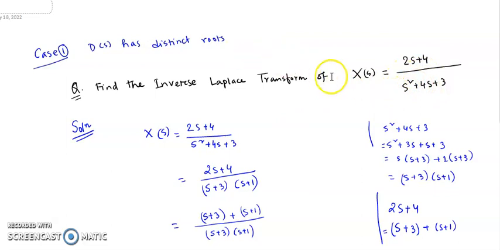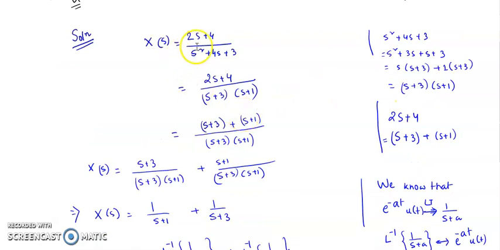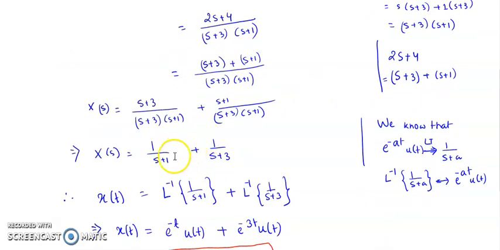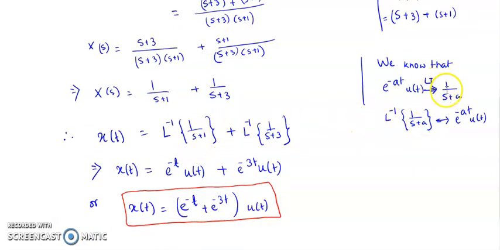Due to the presence of a denominator with distinct roots, we can convert this function into partial fractions of the two factors, and then using the property of the inverse Laplace transform of 1/(s + a), we can substitute the inverse Laplace transforms of 1/(s + 1) and 1/(s + 3) in terms of e^(-at)u(t), where a is the constant from the shift in s + 3 and s + 1.